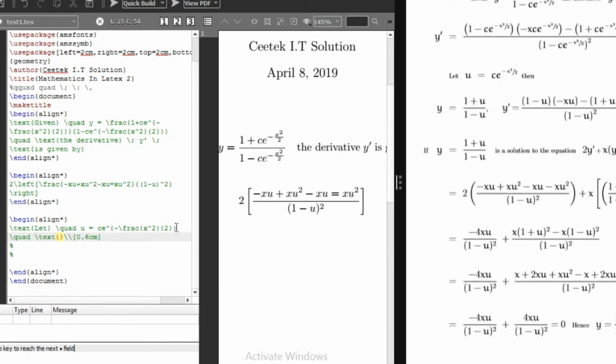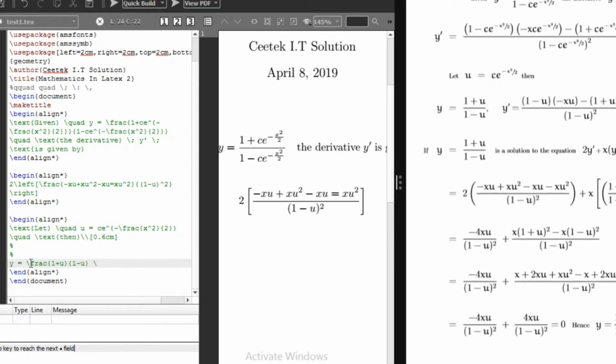Okay, so then, right, now let's write our equation. So y is equal to, and then we have a fraction. So frac, we have 1 plus u, and then 1 minus u.